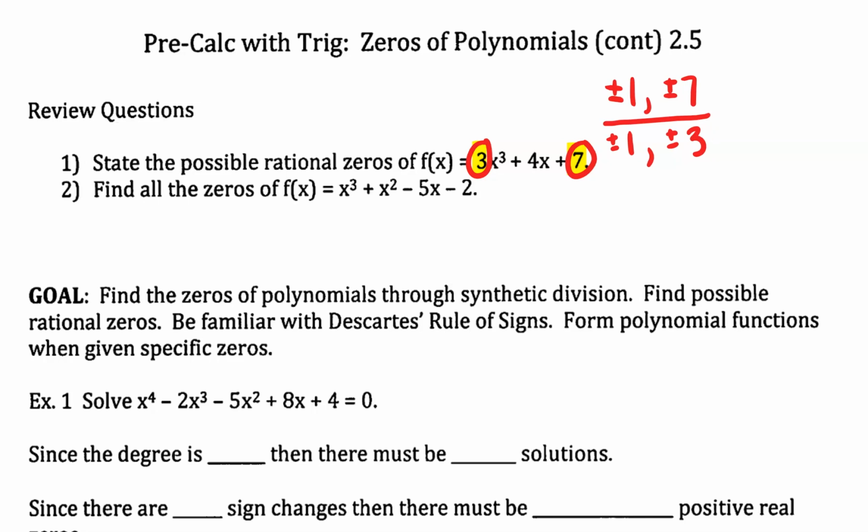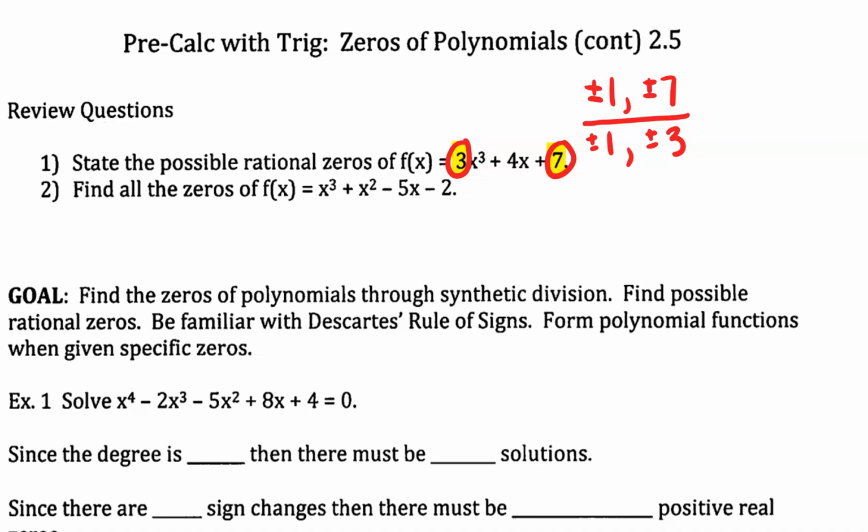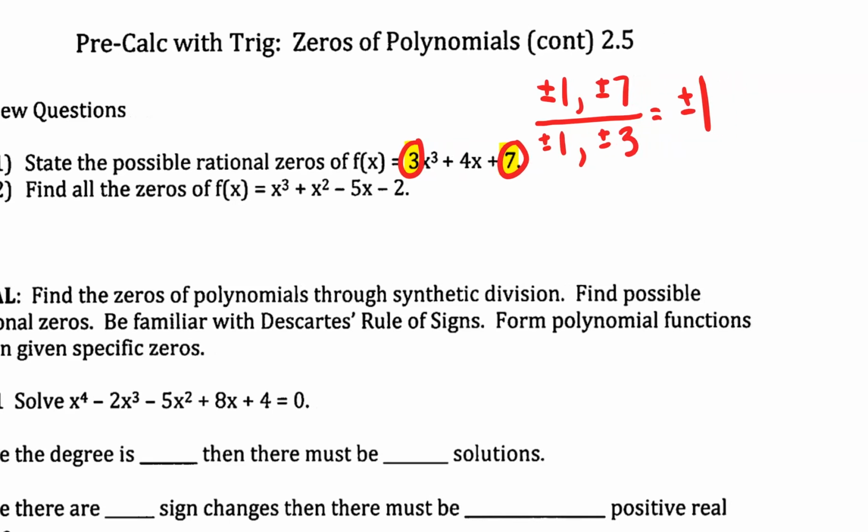So now we're just going to write these all out. That would be 1 over 1, which is 1, so plus or minus 1 is one of the factors. Then I'm going to do 1 over 3, which is 1/3, so plus or minus 1/3.